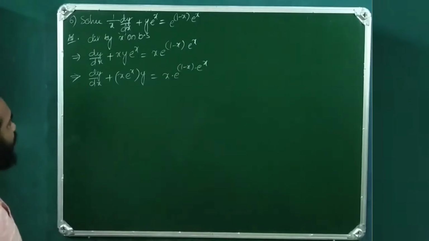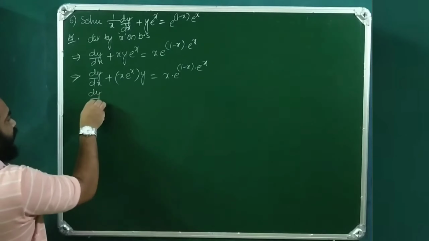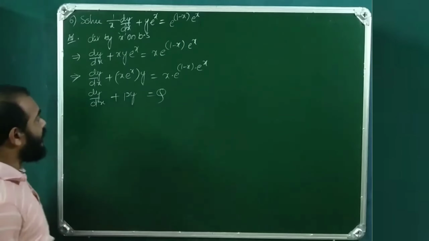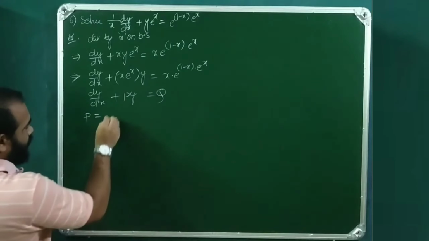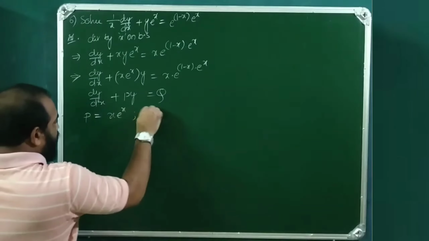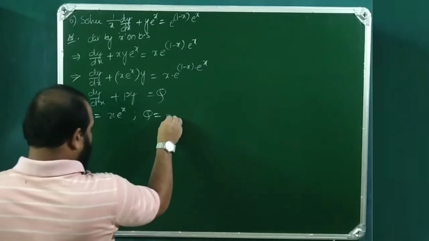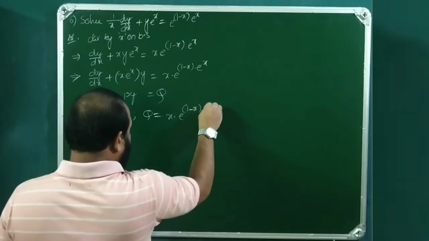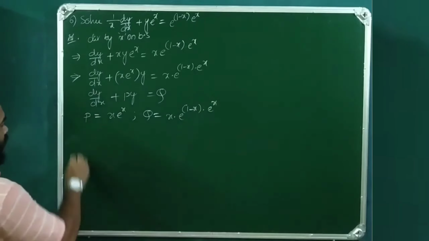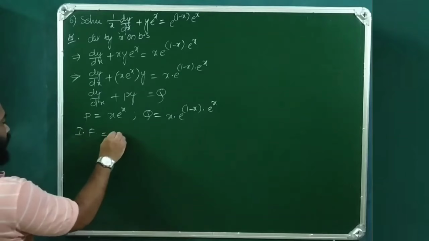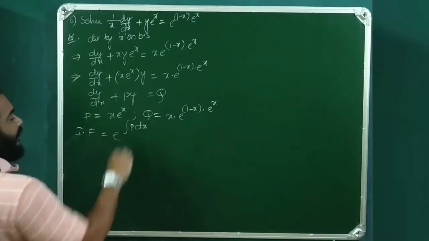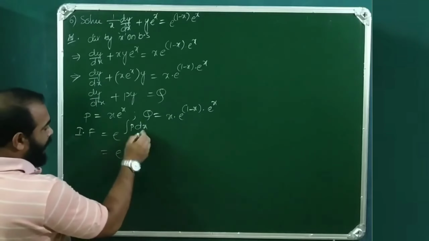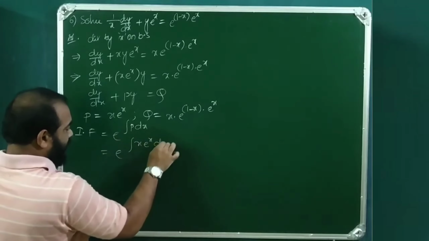So this is clearly of the form dy by dx plus py equals q, where p is equal to x e power x, q is equal to x into e power 1 minus x into e power x. So integral factor is equal to e power integral p dx, which is e power integral x e power x dx.